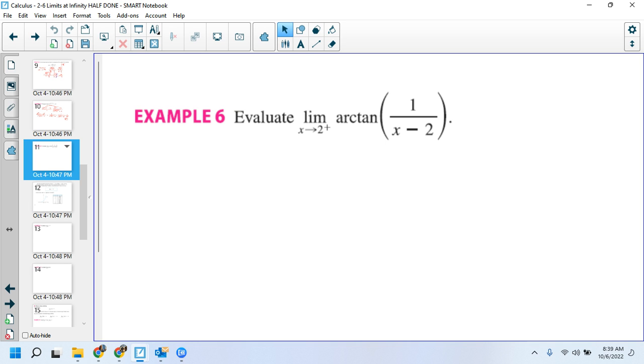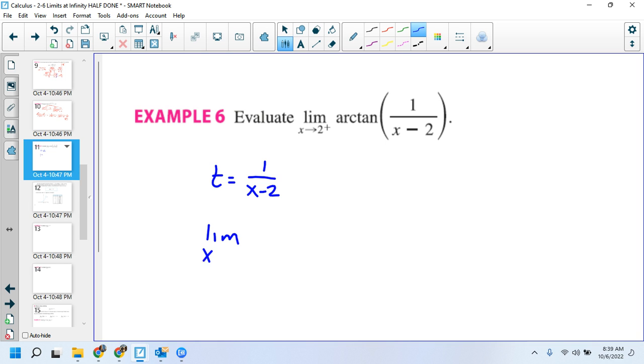Okay, so to do some of these problems, we are going to need to replace the innermost function with a variable. For example, here, what if I had said that t is 1 over x minus 2? Well, then the limit as x goes to 2 from the right of arc tan t.